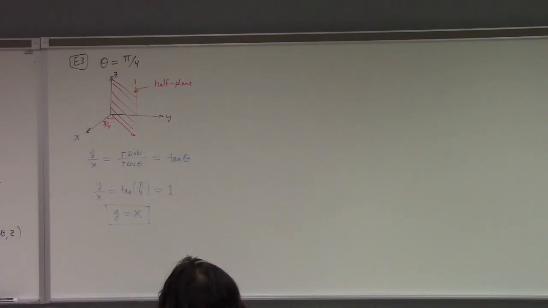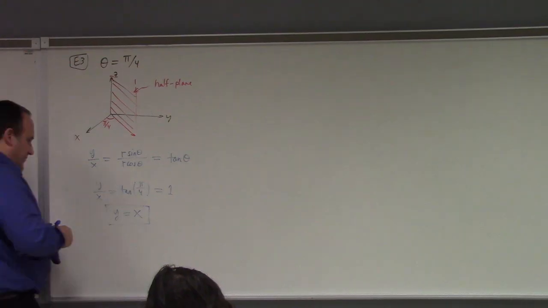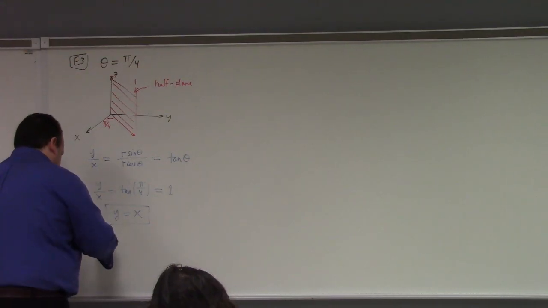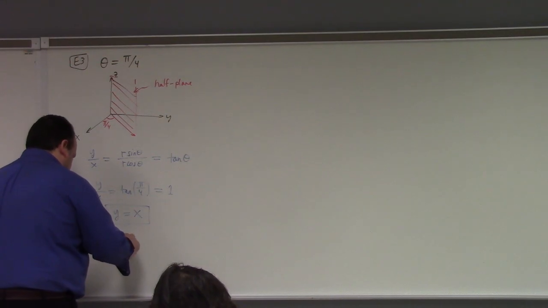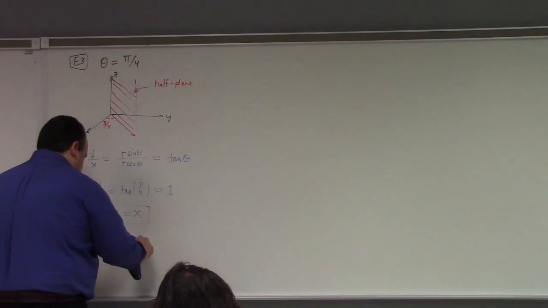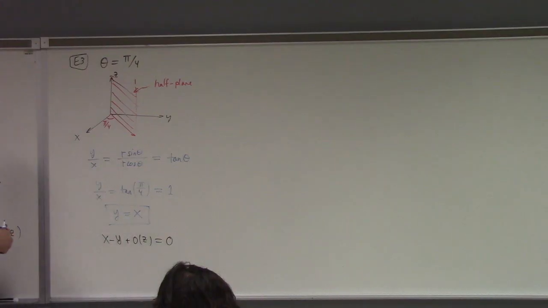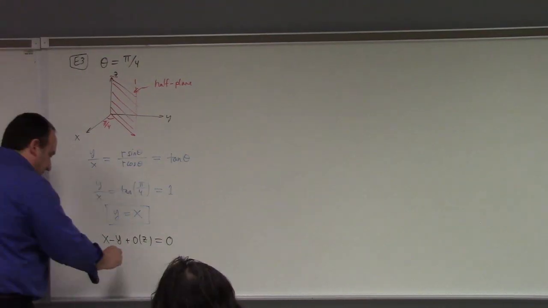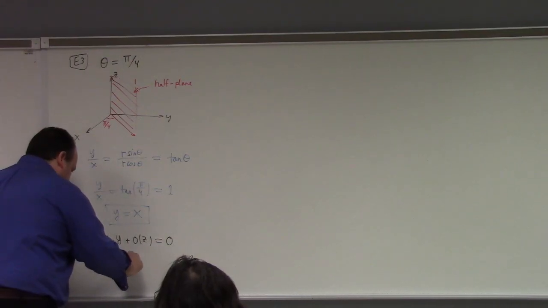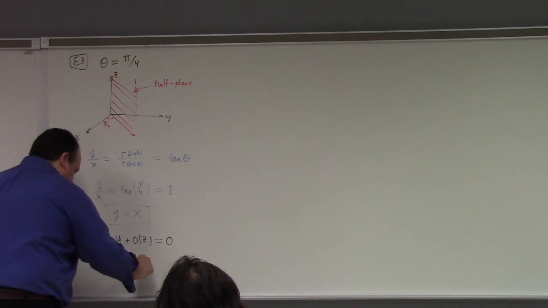But there's got to be another, that's not a half plane, is it? That's a whole plane, isn't it? If I write it more suggestively like this, x minus y plus 0 times z, just to be really manifest about it. What's the normal to the plane? 1, minus 1, 0, right?